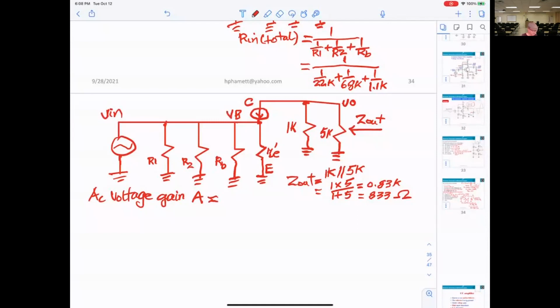So by definition, for the transistor amplifier, the gain equals the output divided by the input, V out divided by V in. However, when you apply it to the circuitry, you have to identify what V out and what V in are. So now can you tell me the gain of the transistor, A equals what?